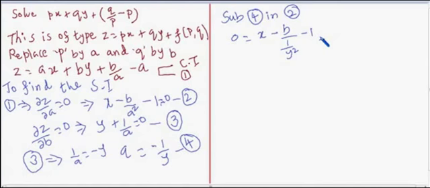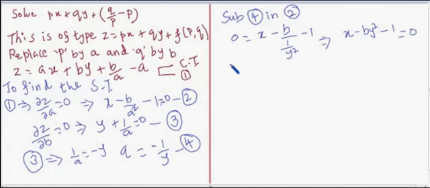This becomes x minus by squared minus 1 is equal to 0.